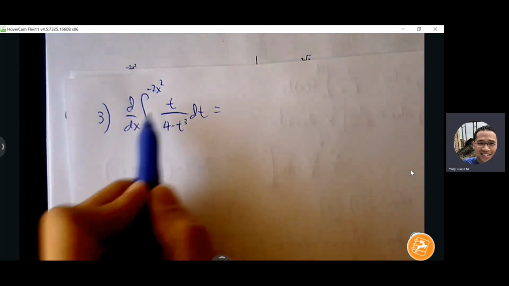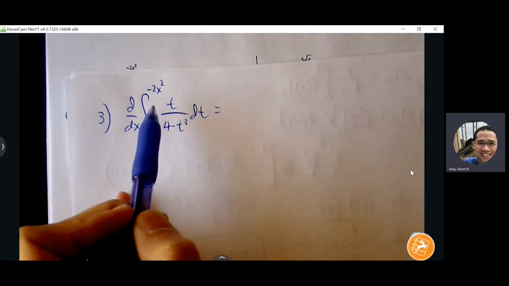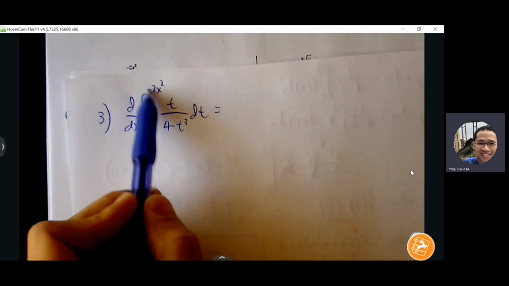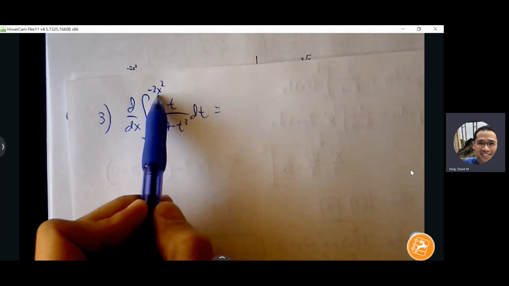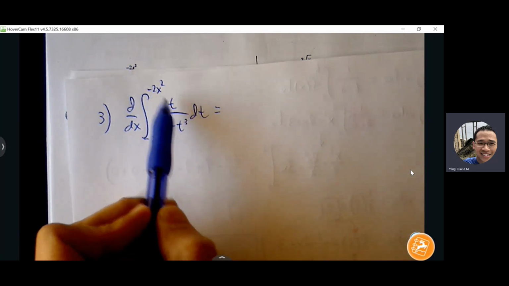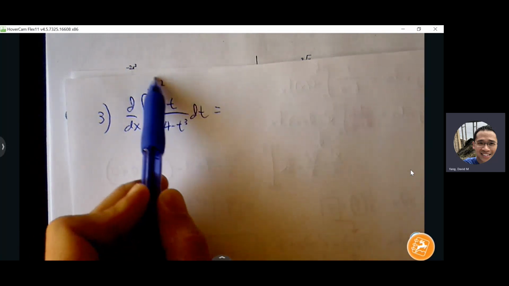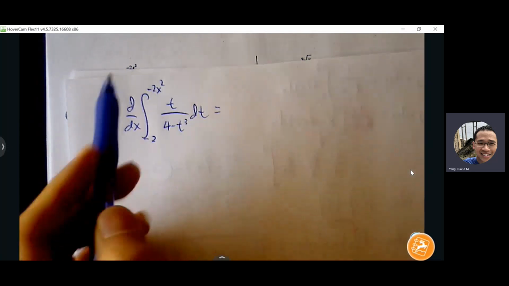So these two operations cancel each other out, but there is a little bit of a leftover affecting this upper bound because that's a variable. So first thing we do, replace every t with the upper bound and then multiply the expression by the upper bound's derivative.